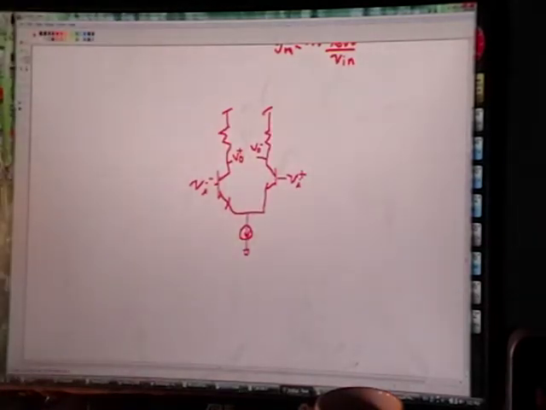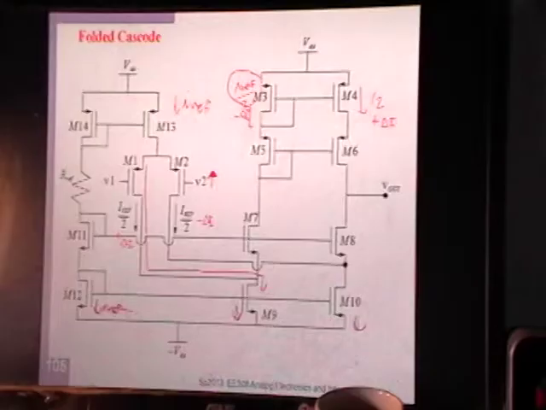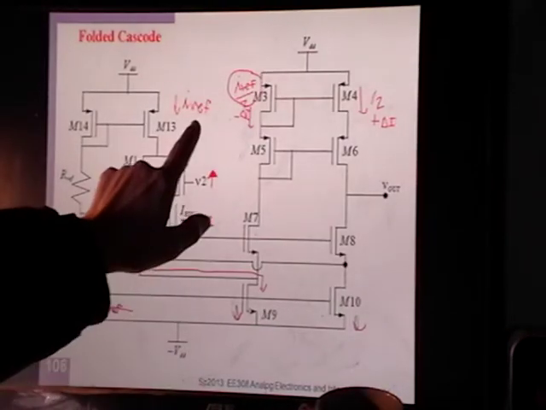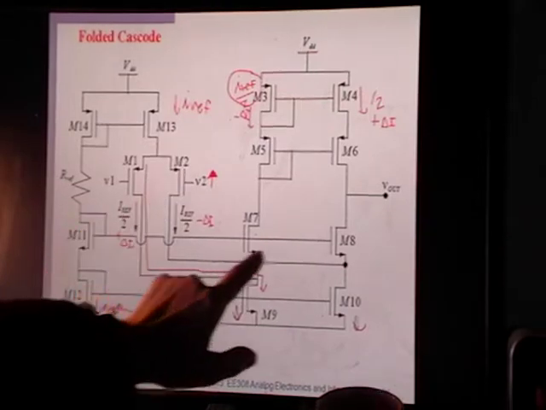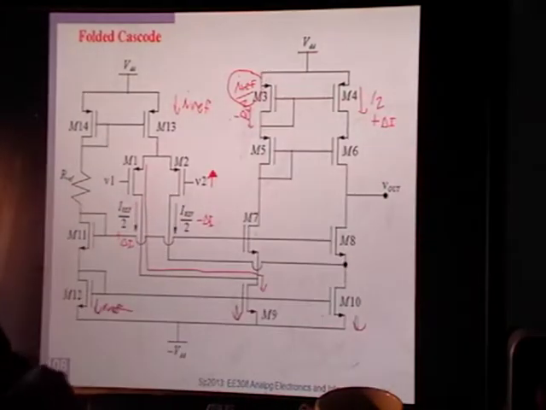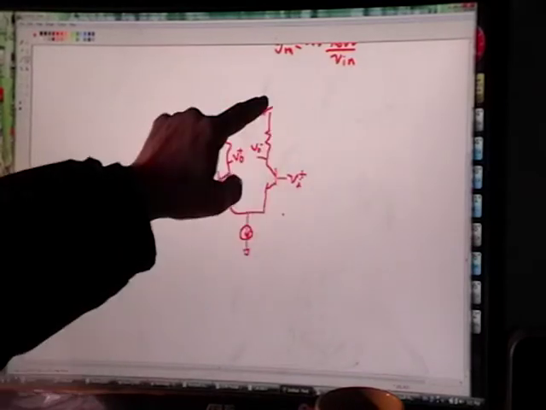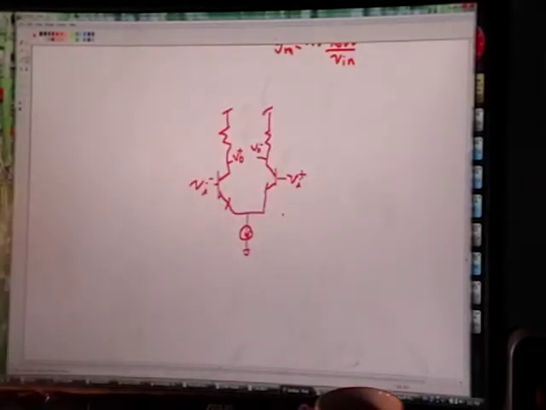Let's go back to the slide for a second and see what happens. When I raise this, what happens to the current through this branch? It increases. Go back to this. When I raise this, the current through this branch increases. So the exact same thing is happening by the exact same amount of current.